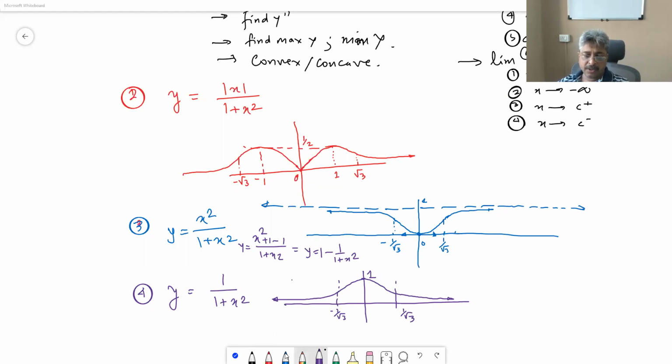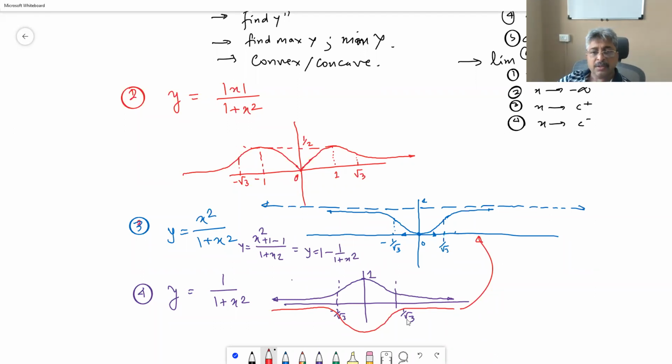So reflect it in x-axis, it will become like this. This is minus 1 upon 1 plus x square. And so pan it up by 1 unit. That is what is this graph? Pan it up by 1 unit.